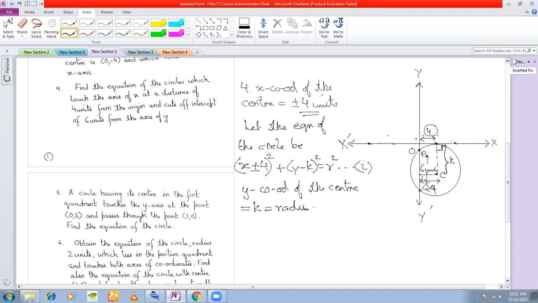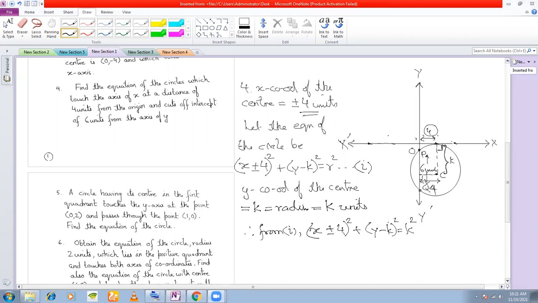So this radius must be equal to k units. Therefore, what form does the equation take? Therefore, from 1, x plus or minus 4 whole square plus y minus k whole square must be equal to k square, right? So we have got this. Now the only thing is to determine the value of k.